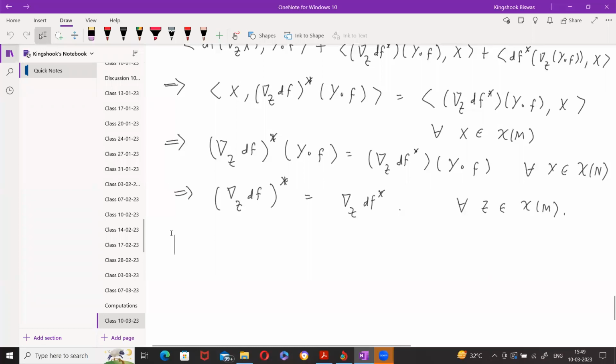tension field of a smooth map. So, definition.